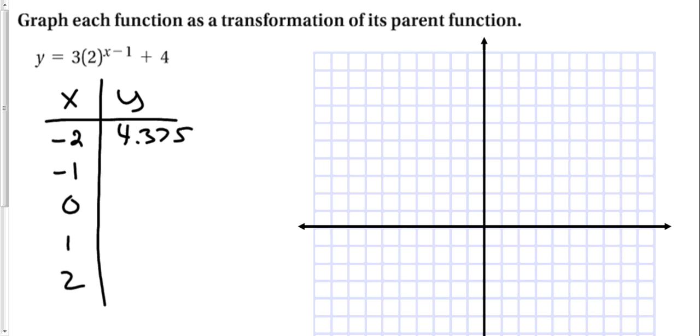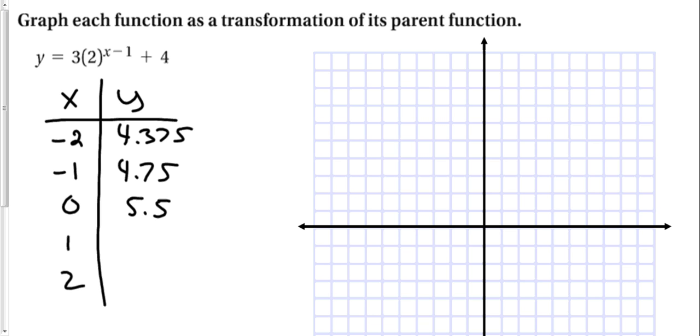Okay, next, so -1. 3 times 2 to the -2 power plus 4 equals 4.75. 0 would turn into 2 to the -1 plus 4. This would turn into 5.5.